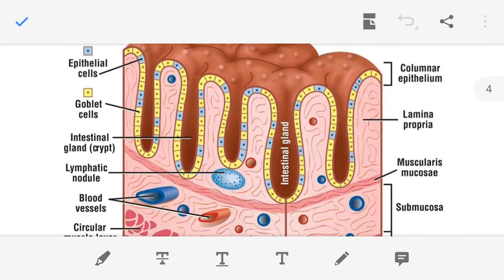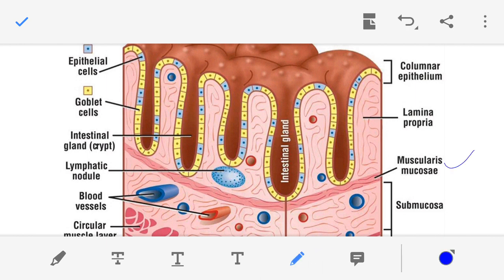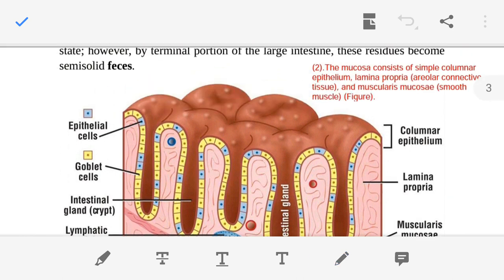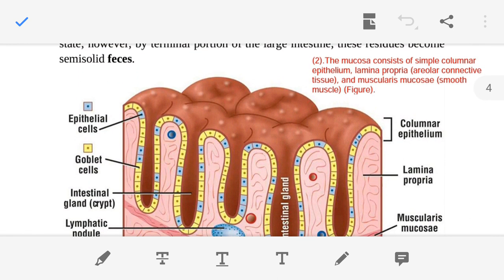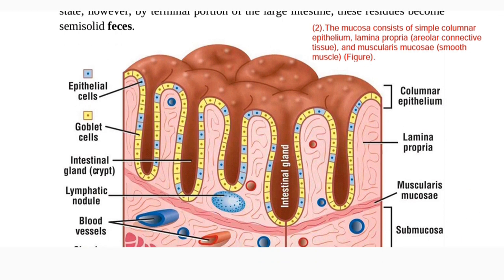This entire layer is the muscularis mucosa. So this is the second point. Now you go through this figure.